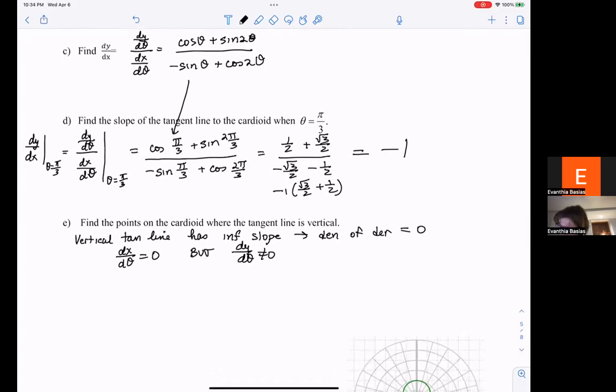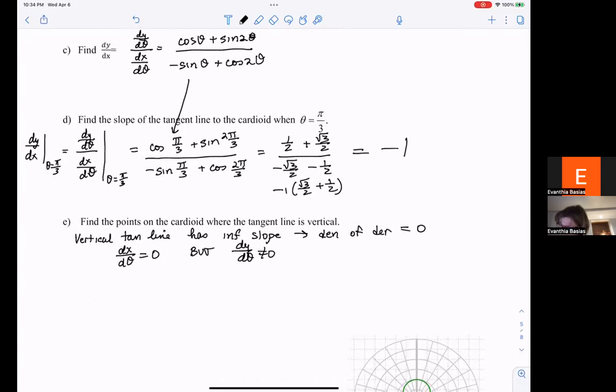So the dx d theta is negative sine theta plus cosine 2 theta, and we make that equal to 0. And we have to end up with a quadratic equation. And the identity for cosine 2 theta in terms of sine is 1 minus 2 sine squared theta equals 0.